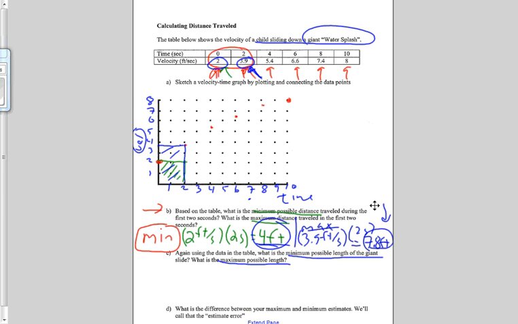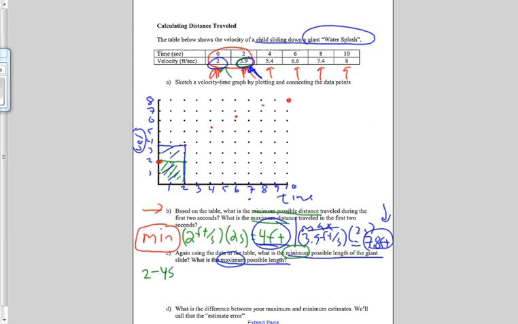So for each of the minimum we're going to do in green, and the maximum we'll do in blue. So between 0 and 2 seconds, we've already figured out the max and min. Now let's look between 2 to 4 seconds. Between 2 to 4 seconds, we're going to use our minimum distance.